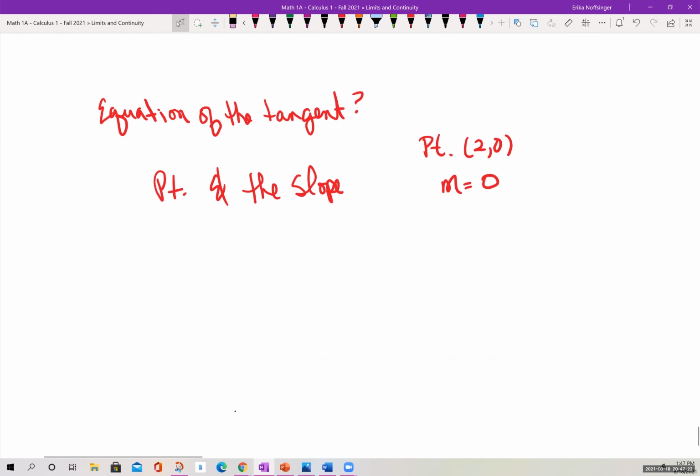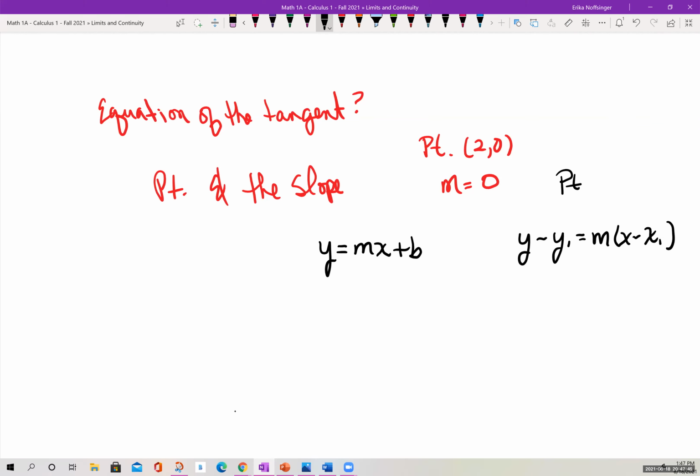There's multiple ways to find the equation of the line once you get the point and slope. You have your point slope formula, y minus y sub 1 equals m times the quantity x minus x sub 1. You can plug it in there.